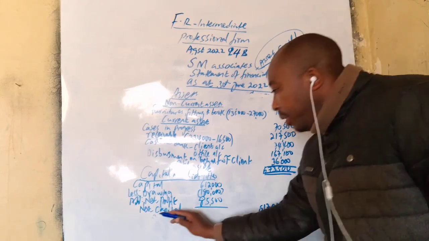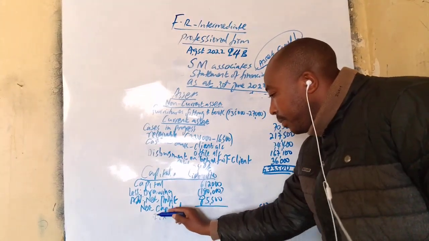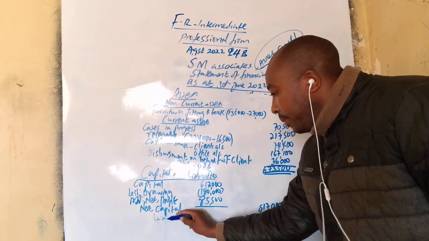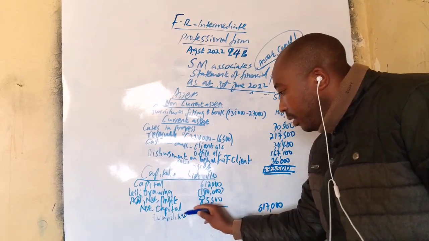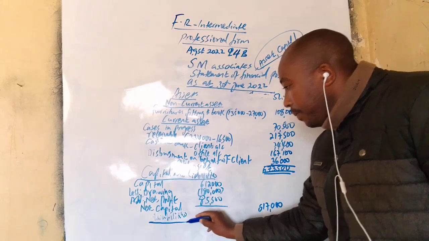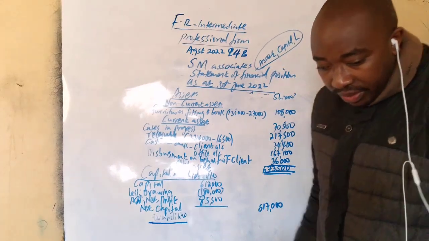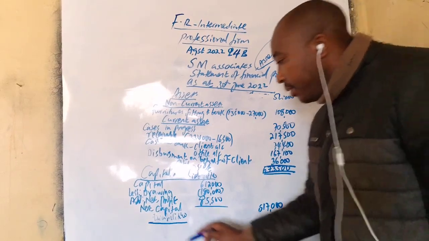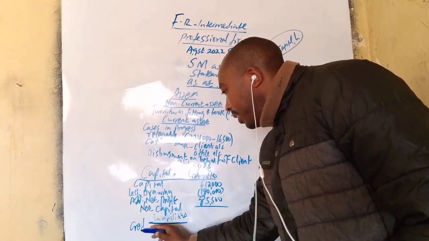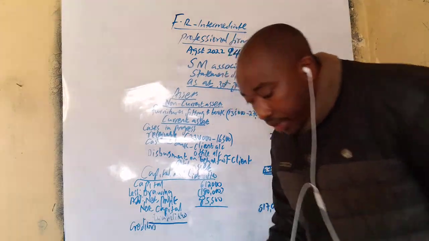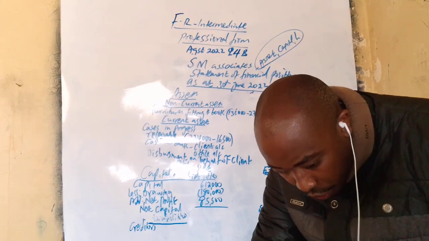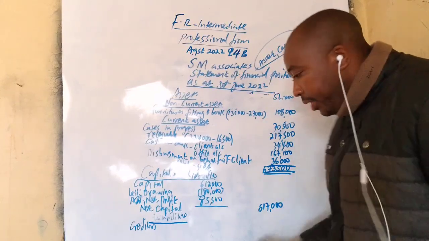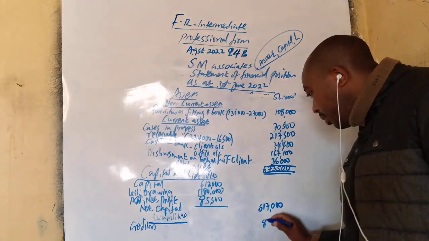Then finally we go to liabilities. Just record there, liabilities. In liabilities we start with creditors. There is a creditor there, and this creditor amounts to 81,600.